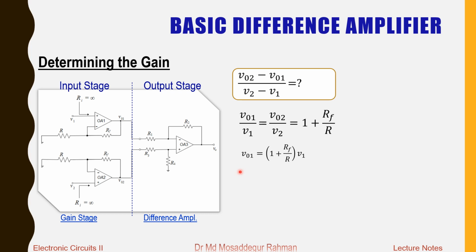So the output V01 we express as the gain times the input V1, and V02 the gain times the input V2.